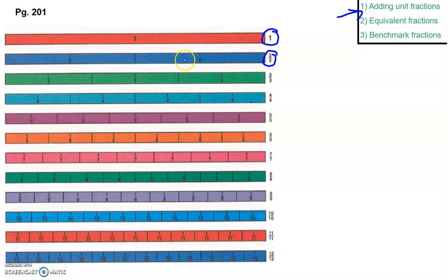But in this bar right here, it's showing me a half plus a half is going to equal 2 halves, or also 1 whole. In this green bar, it says 1/3 plus 1/3 plus 1/3 is equal to 3/3, or also a whole. Okay?